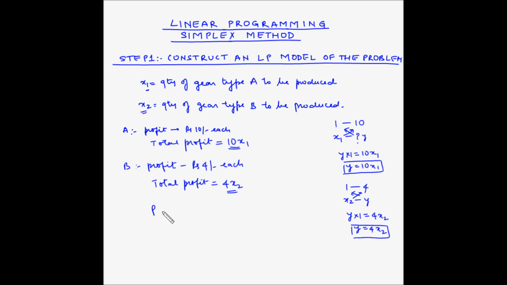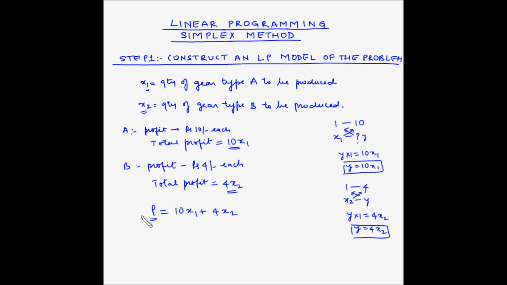So the total profit generated for the manufacturer by producing x1 numbers of gear type A and x2 numbers of gear type B will be equal to 10 times x1 plus 4 times x2. So this is the total profit, and the objective of the company is to maximize profit.